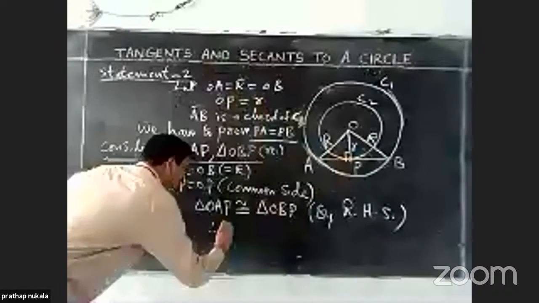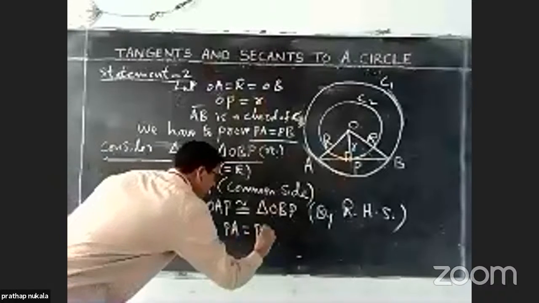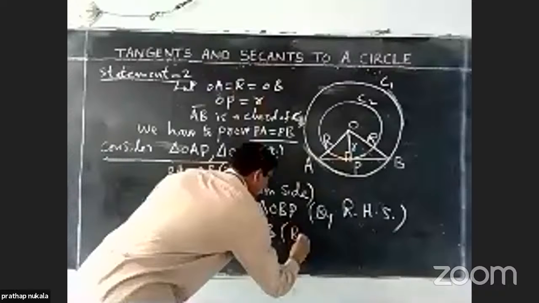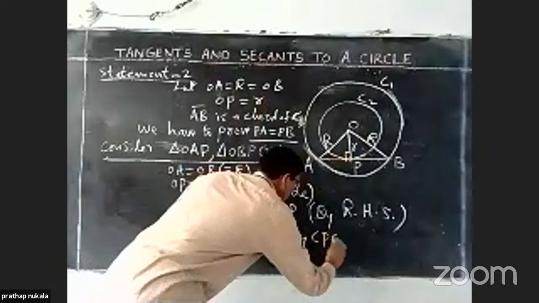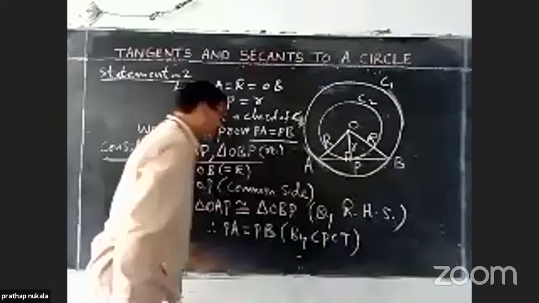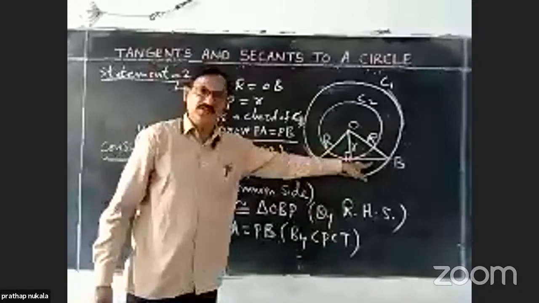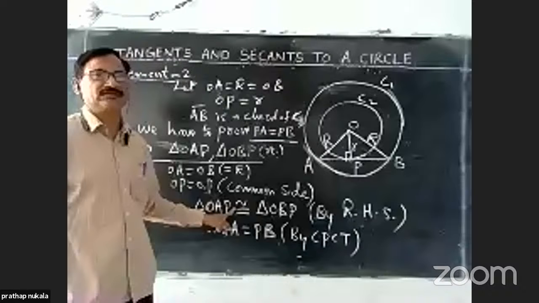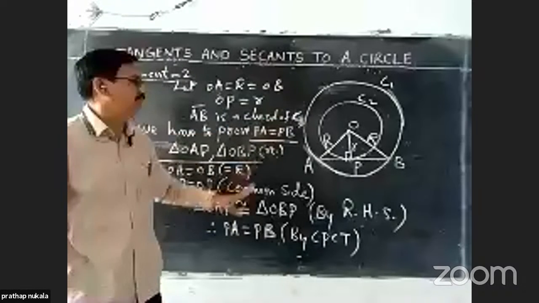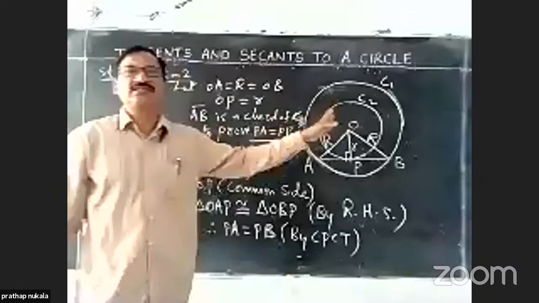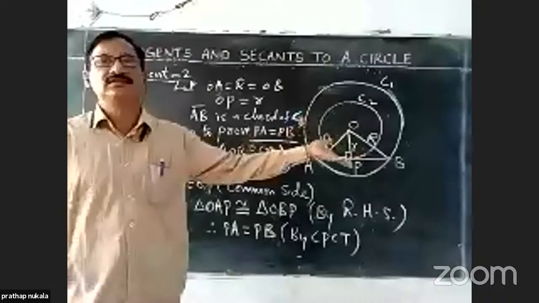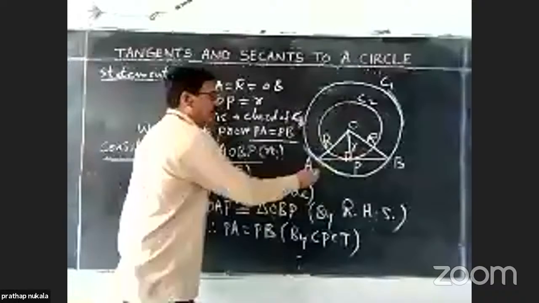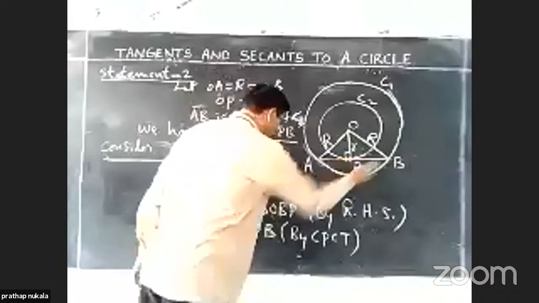Therefore, PA equals PB by CPCT. Now we have proved that the third pair, PA and PB, are equal.